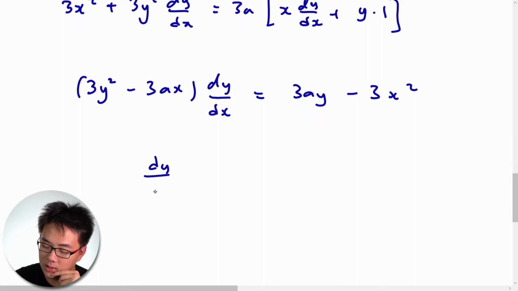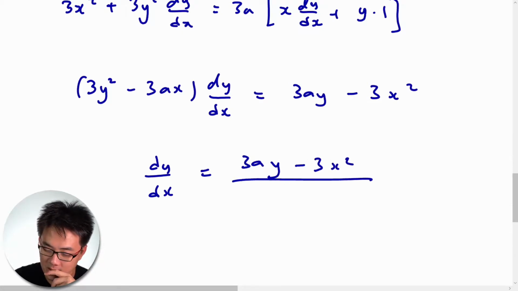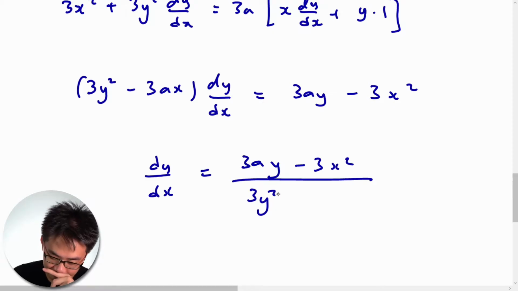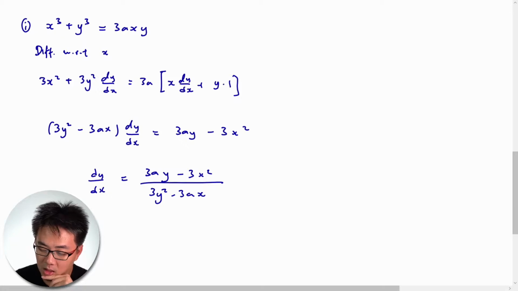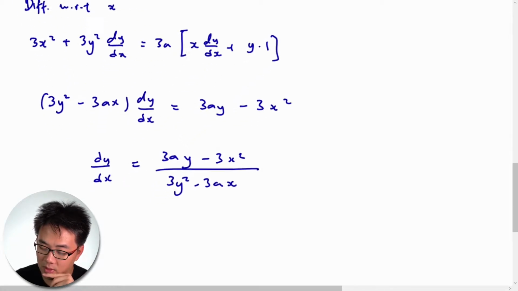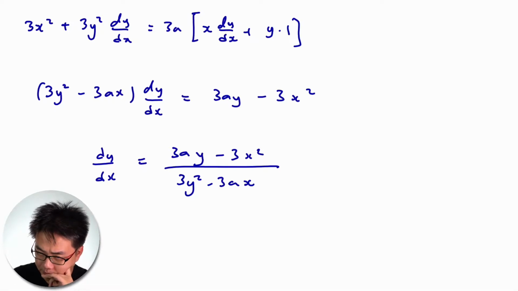So dy/dx would just be 3ay minus 3x squared over 3y squared minus 3ax. This is the fun part.